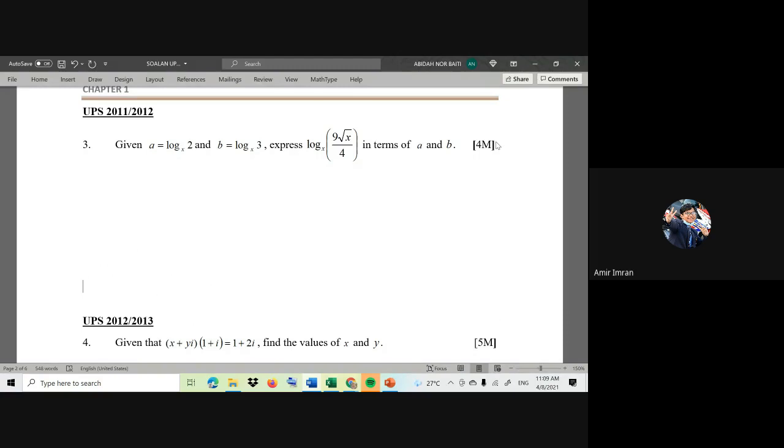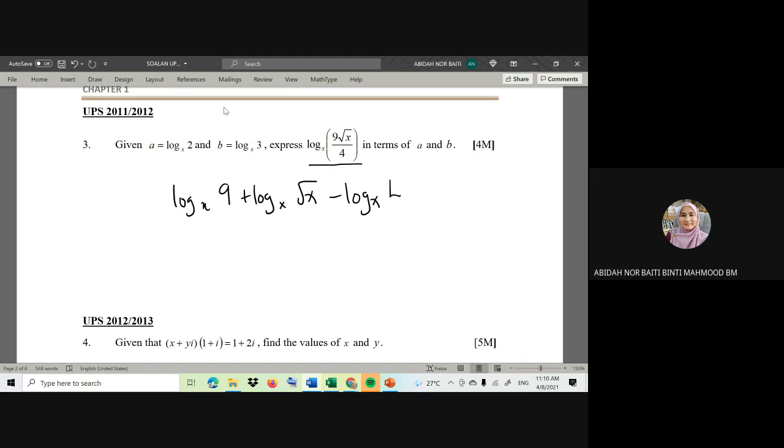Mana yang darab tu jadi tambah, yang per tu jadi tolak. Okay, so we start from here. So log x become 9 plus log x base 3 minus log 4 base x. Macam ni ke?